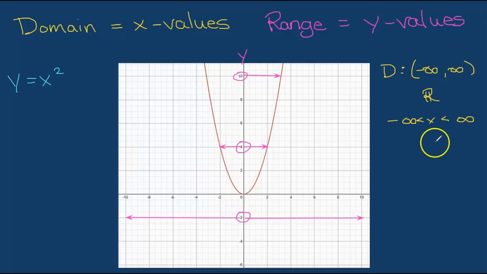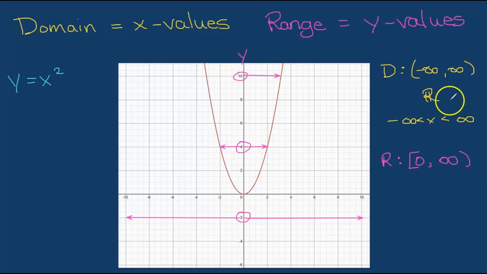The range starts at 0 and includes it, and goes all the way up to positive infinity. Notice that there is now a square bracket on 0 rather than a regular bracket or a parenthesis. This is a square bracket. That means that it includes 0 and it goes up to infinity.